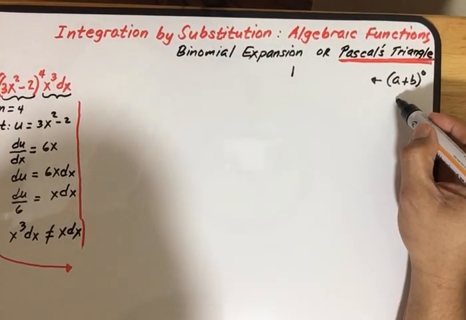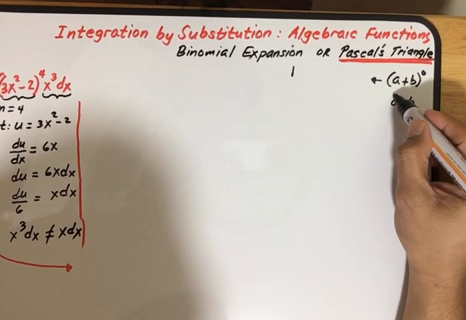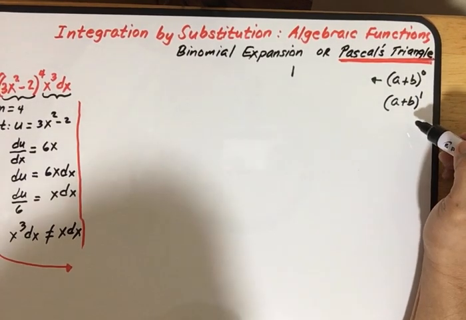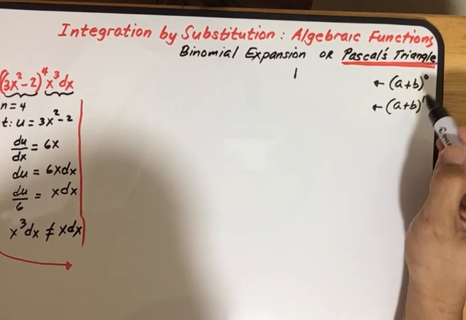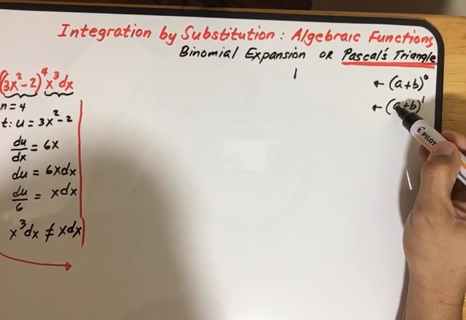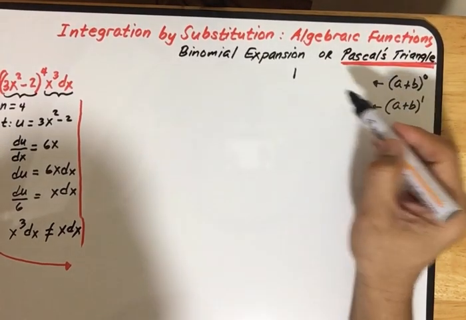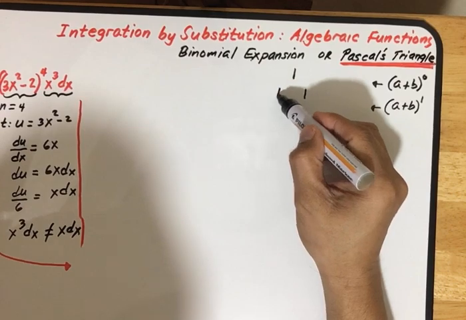Then if you have, say, a plus b raised to a power 1, we just need to write the coefficients of a and b here.